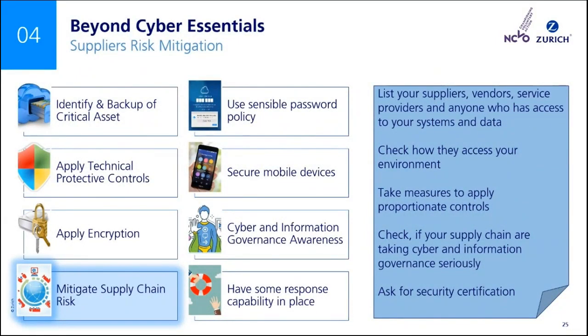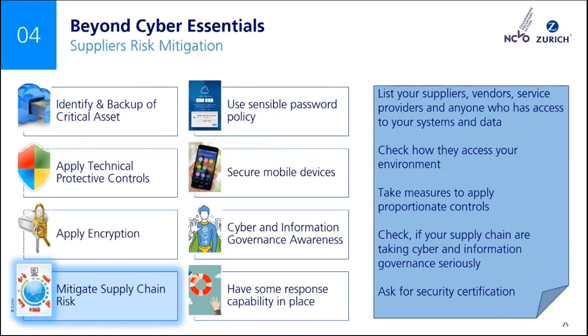The next control, mitigating supply chain risk. Supply chain attacks are increasing every day. We are seeing that a company with good cyber maturity is getting some kind of compromise because they had kept a backdoor open to a supplier who is not that good with cyber.